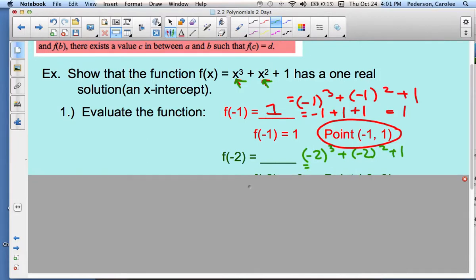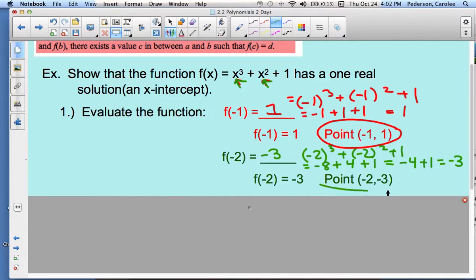Negative 2 times negative 2 times negative 2 is negative 8, plus negative 2 times negative 2 is 4, plus 1. Negative 8 plus 4 is negative 4. Plus 1 is negative 3. So f of negative 2 is negative 3, which is a second point on our graph.